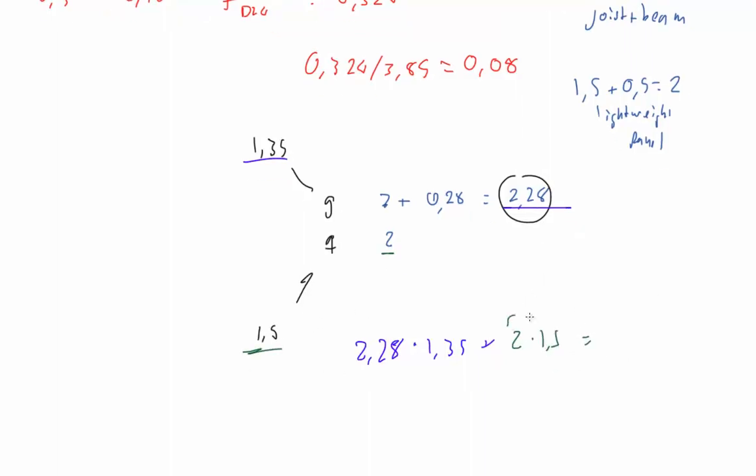The 2 times 1.5 would be 3, and 2.28 times 1.35 is 3.078. So that would be 6.078.